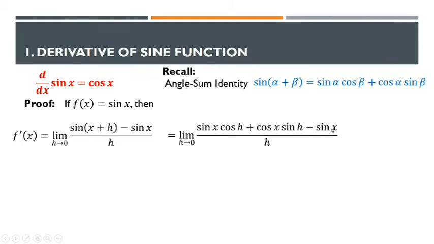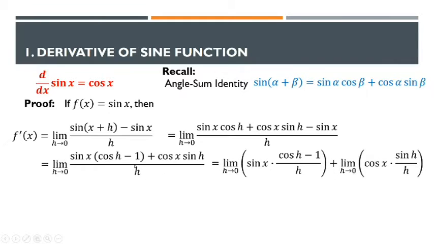Since the first and the last term ay may common factor na sine x, let's factor them out. So sine x cosine h minus sine x. So sine x na yung lumabas, so factor of 1 na lang natitira. So cosine h minus 1 plus yung middle term is cosine x sine h, all over h.